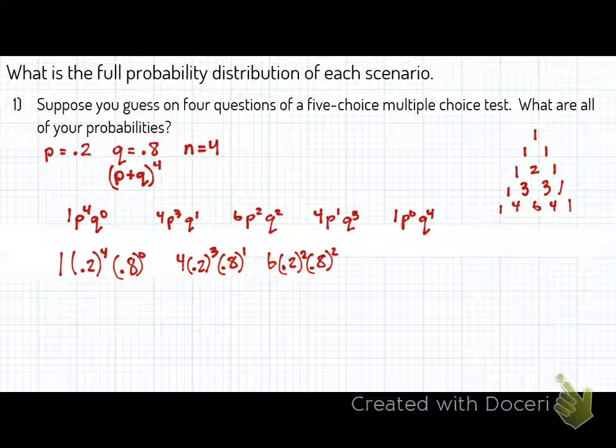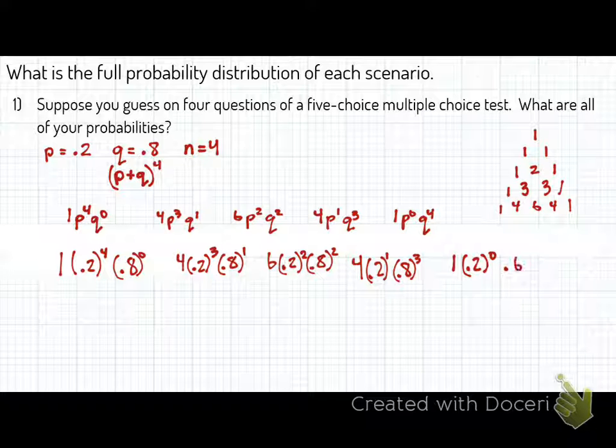And then we got 4, which is 0.2 to the 1st, and 0.8 to the 3rd. And then 1 times 0.2 to the 0, and then 0.8 to the 4th. Okay. All right. Remember doing this?